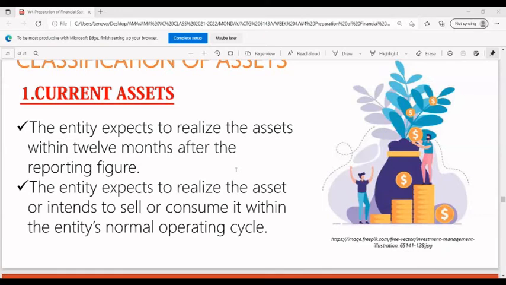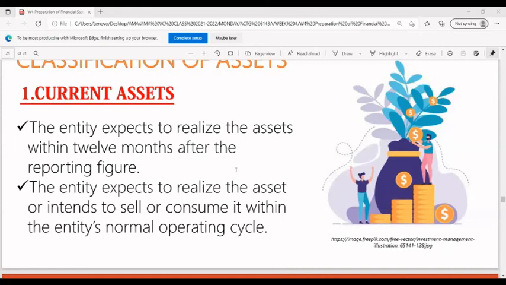If it goes beyond that, class, it can no longer be counted as current assets. It will still fall under the assets, but it will fall under the long-term assets, and there is an adjustment later on. So again, current assets will be within 12 months.